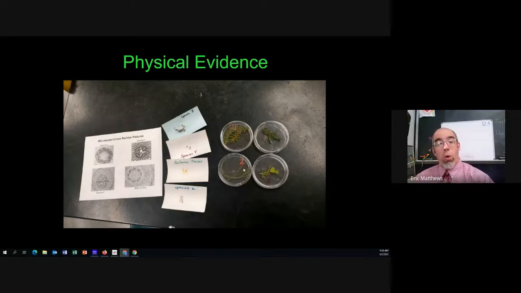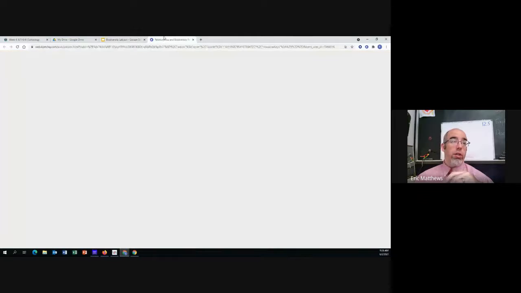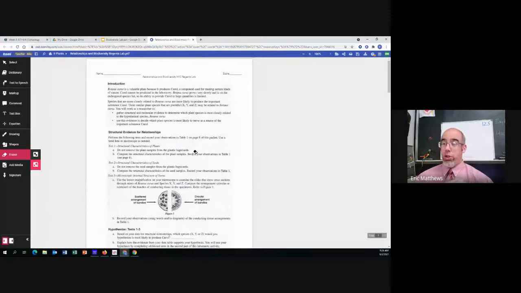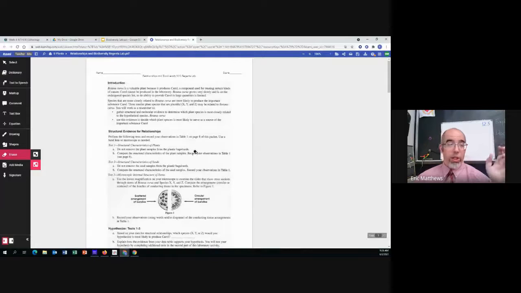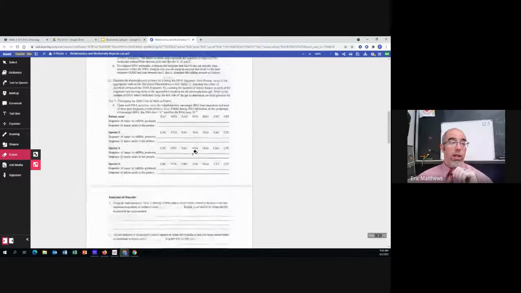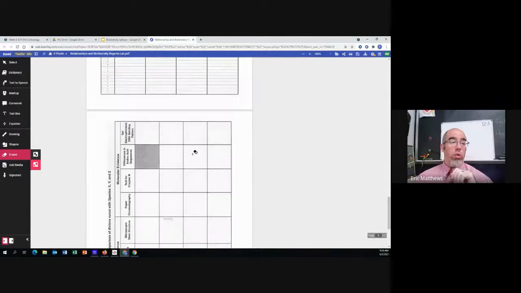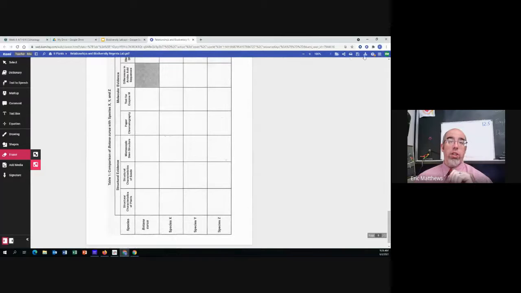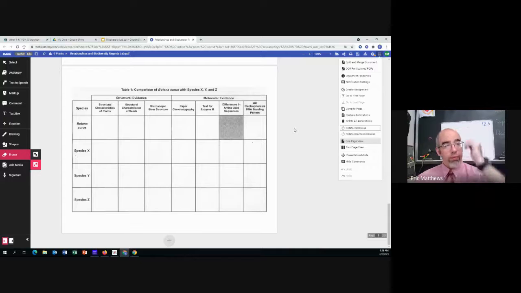Now, in order to record this, you'll go into your lab, and we have a shortened version here. And first, we're going to worry about filling out this chart. And you can see it's got the structural or physical evidence here, the molecular or chemical evidence here.